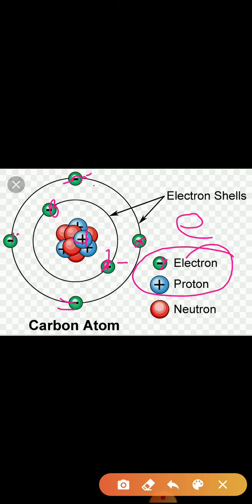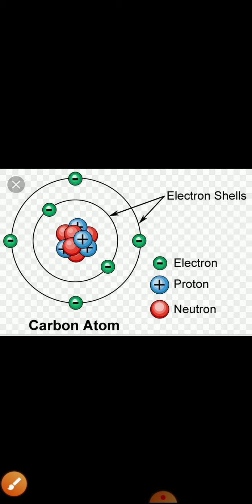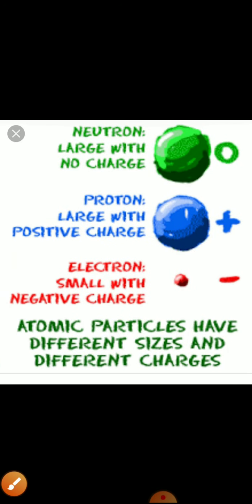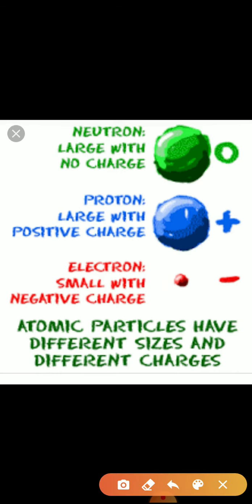So this is the model of the atom, the structure of the atom. Remember again what an atom contains. Every atom contains a nucleus at the center, and inside the nucleus there are positively charged particles called protons, and some other particles called neutrons.